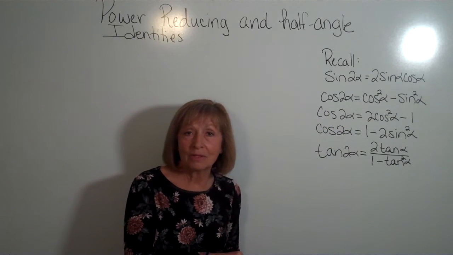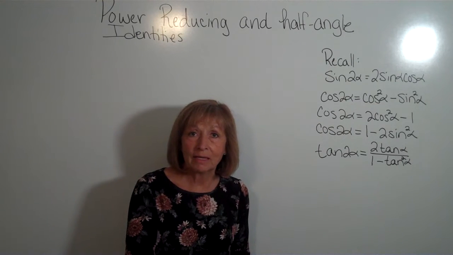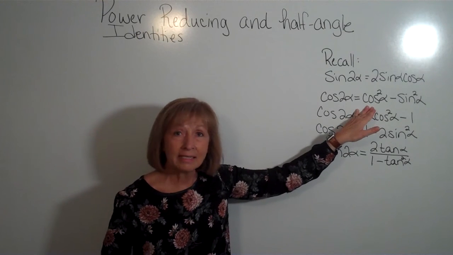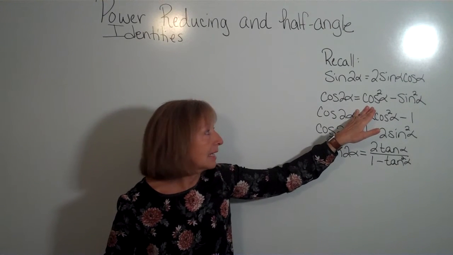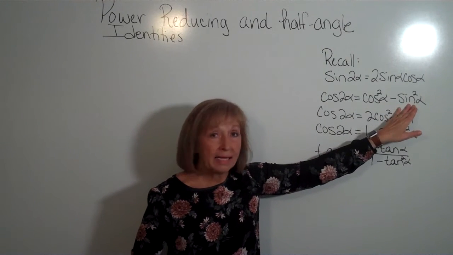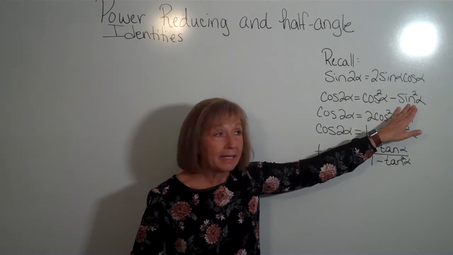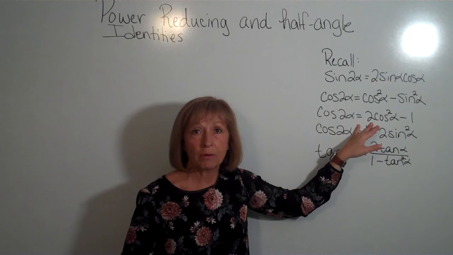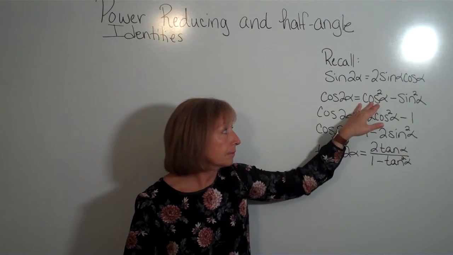Well, looking at the 8 fundamental trig identities along with that Pythagorean identity, they made replacements for the sine squared alpha and simplified it to this form of the cosine of 2 alpha.